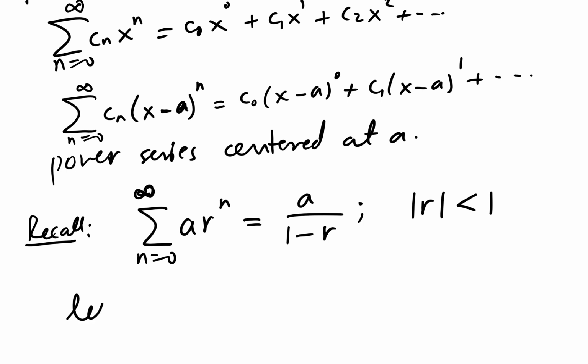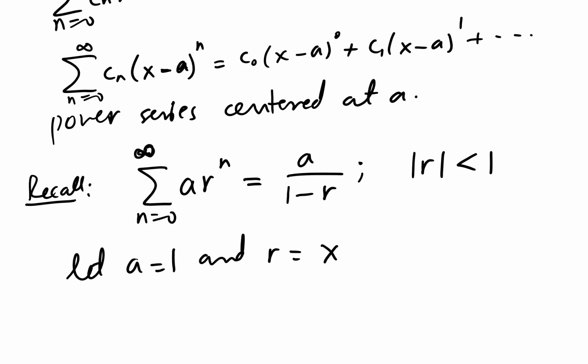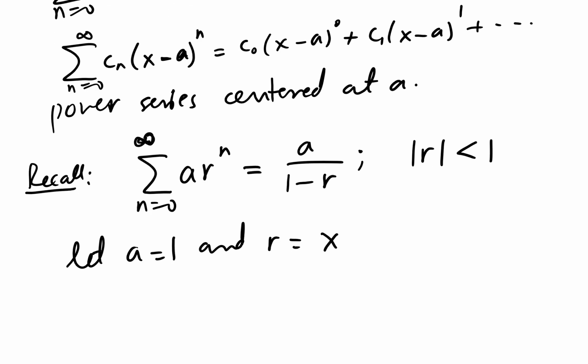Now, if we let a be 1 and r be x, just replace in the previous one r equals x and a equals 1. Then the series I wrote earlier, a r^n, becomes 1 times x^n, or x^n, where n goes from 0 to infinity.